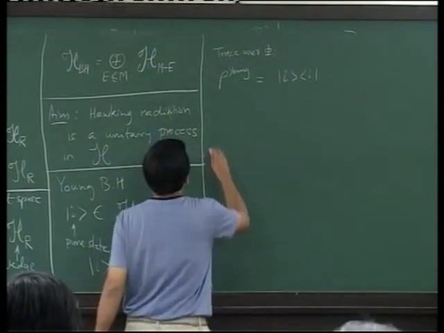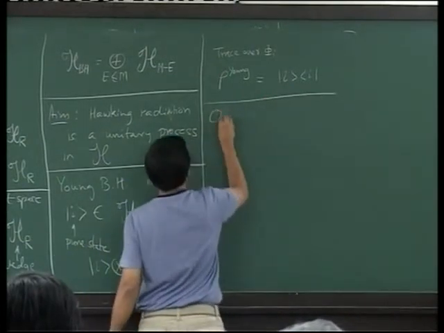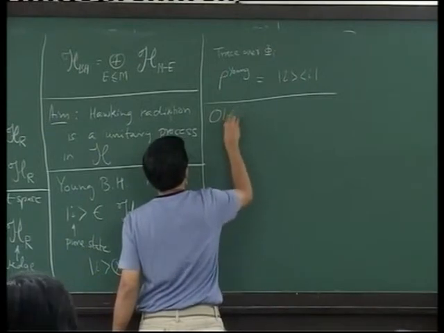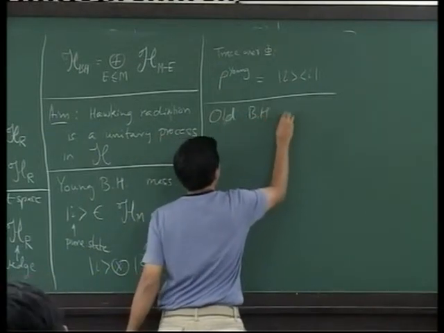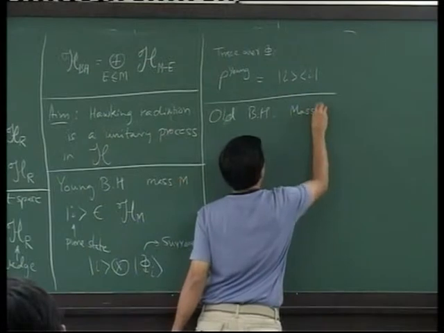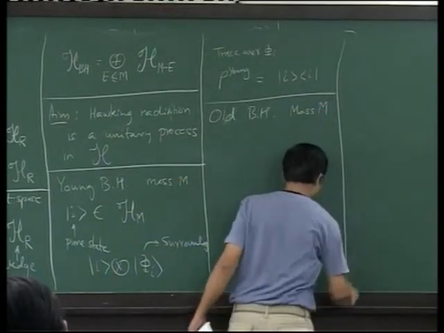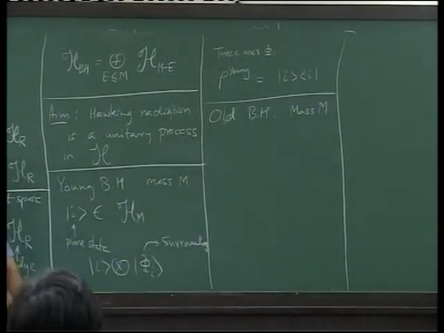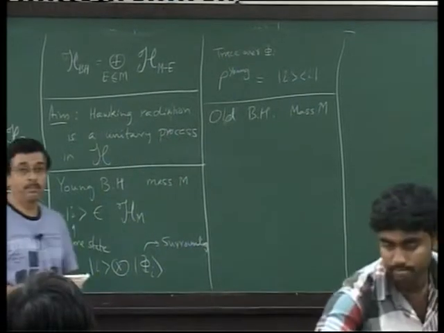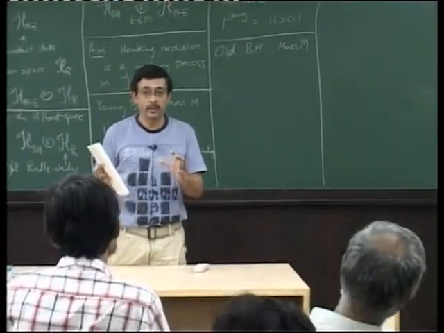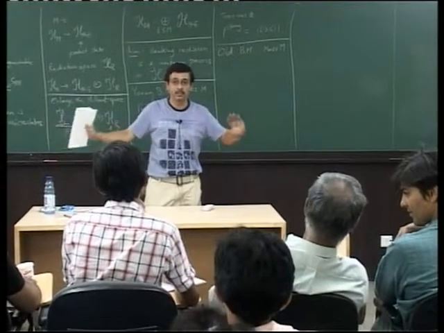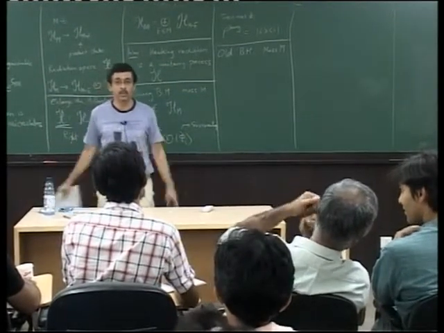So what if we look at the old black hole? Again, the mass is m. What do you mean by surrounding? Surrounding means that there is a black hole, and then there is a space sitting outside the horizon, which could have all kinds of material.